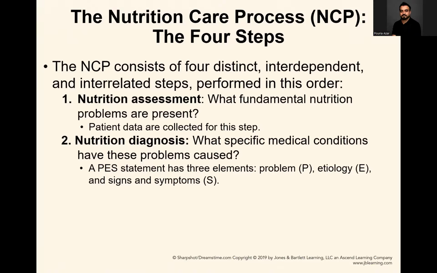In nutrition diagnosis, we are trying to find the answer to this question: what specific medical conditions have these problems caused? Under nutrition diagnosis, we have the famous PES statement, which stands for problem, etiology, and signs and symptoms.